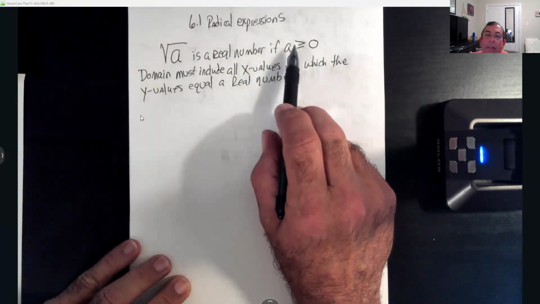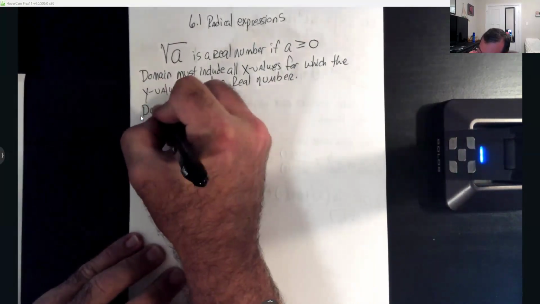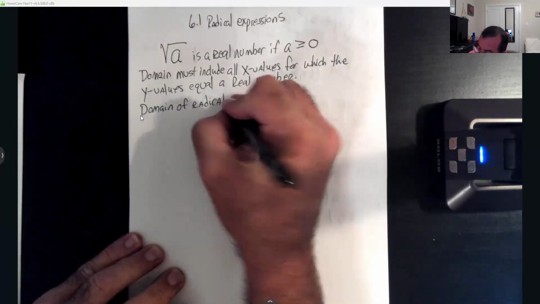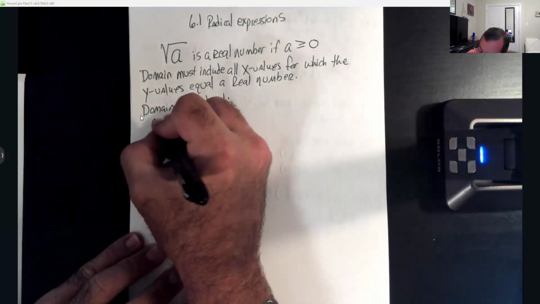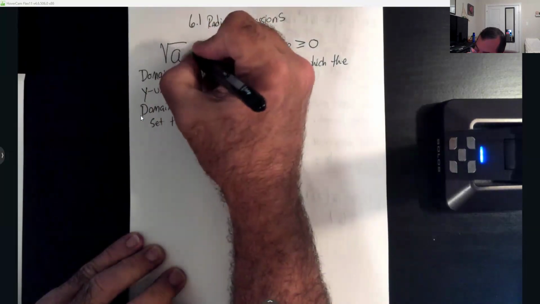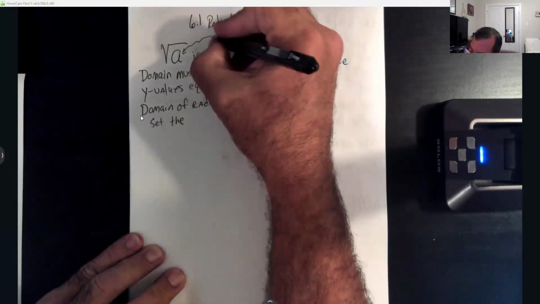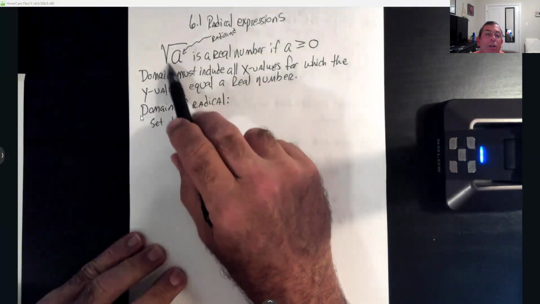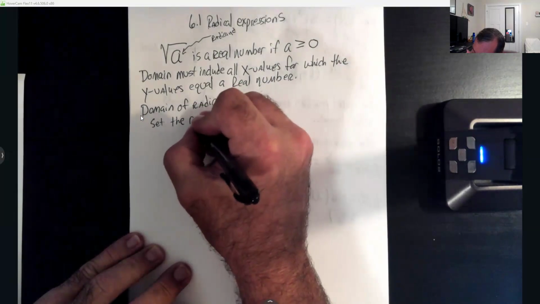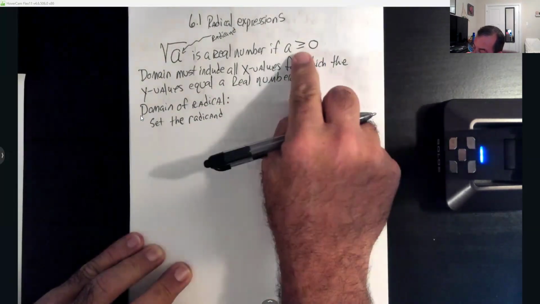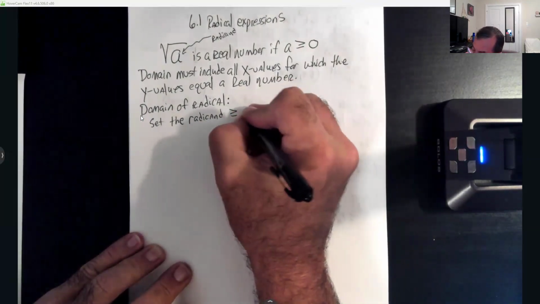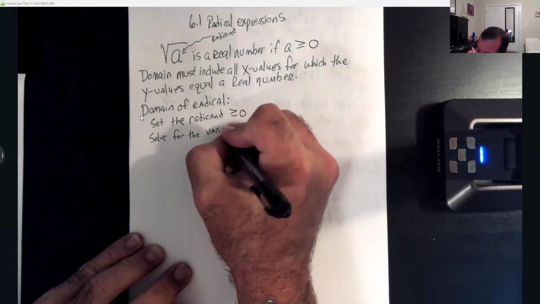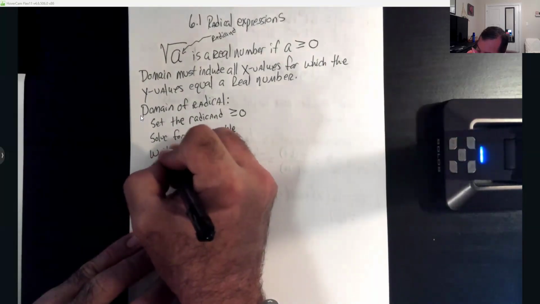So that's why on a domain of a radical, now, what we call this under the radical, we call that the radicand. So the radicand is what's under the radical. So the first thing you do, you're going to set the radicand greater than or equal to 0. You're going to solve for the variable, and then write the domain.